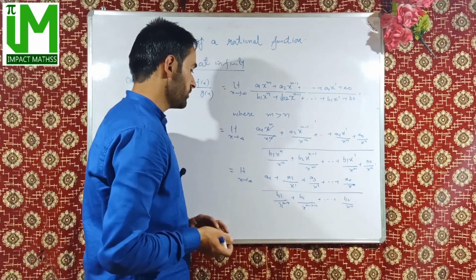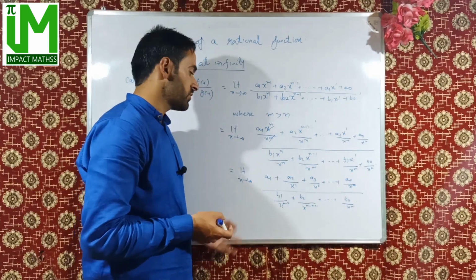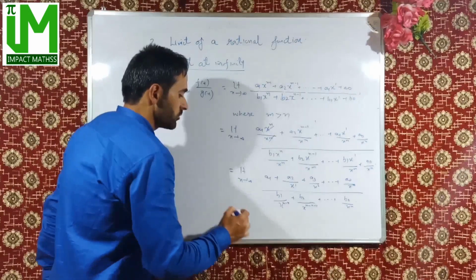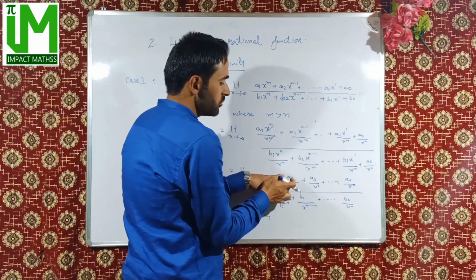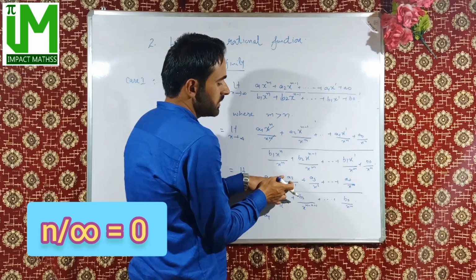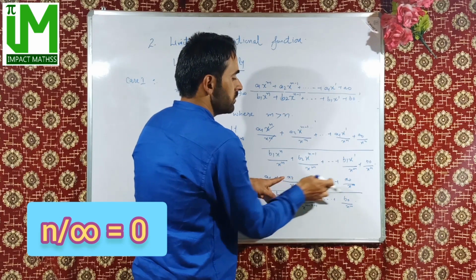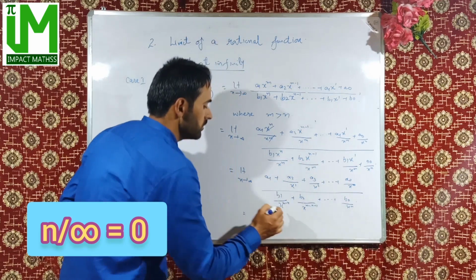And if we distribute the limits, because we know limit of the quotient is quotient of the limits, and limit of sum is sum of limits, so it will be a1 plus a2 divided by x यानी a2 divided by infinity which will be 0, a3 divided by infinity 0, and so on, again 0, 0, 0, so this whole thing will be 0.